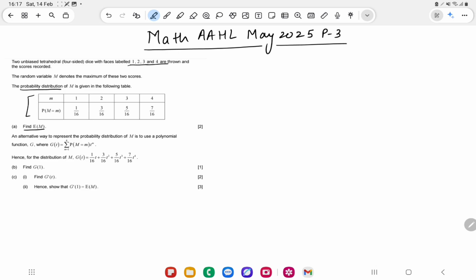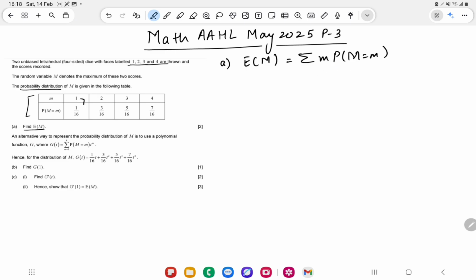Now in the A part, we have to find E(M). E(M) is nothing but the expected value. So we will use the formula from your formula booklet, which is the summation of x times the probabilities of individual events.